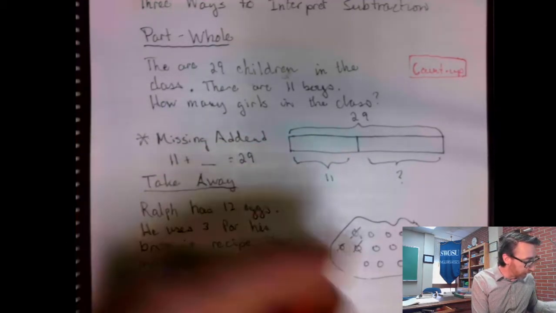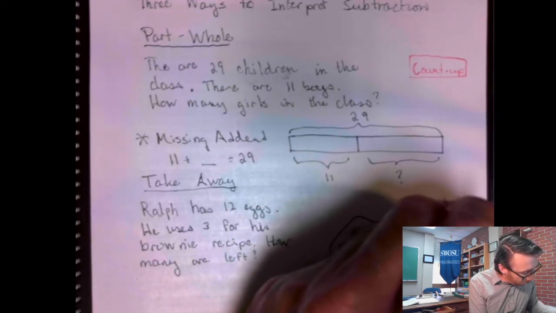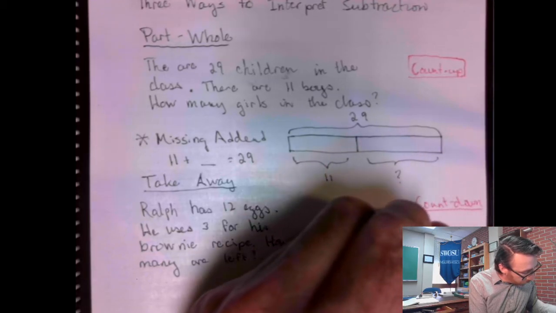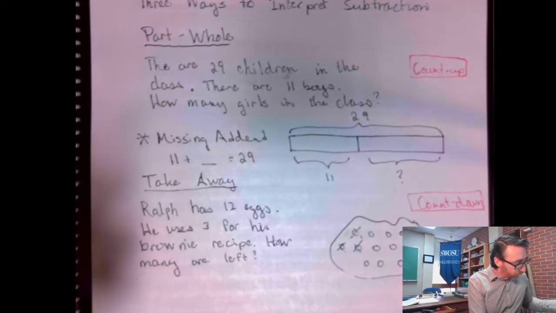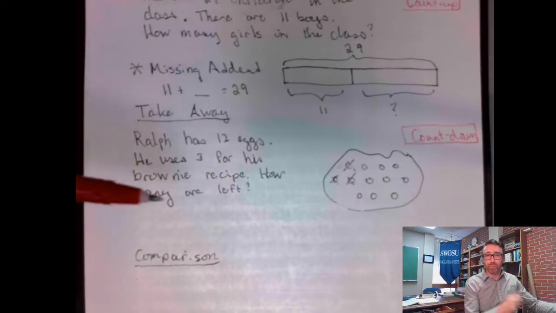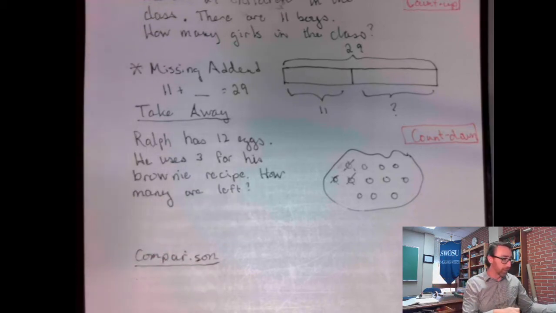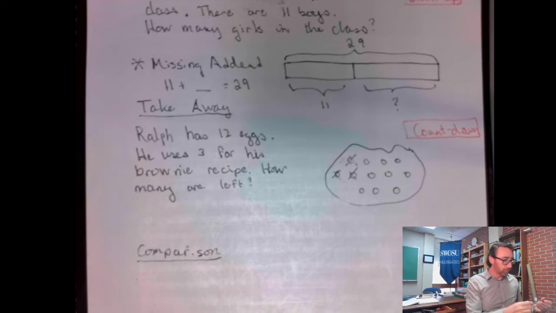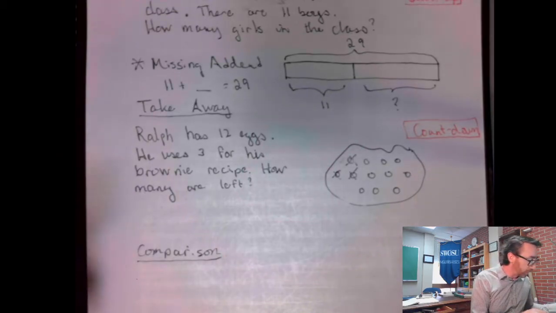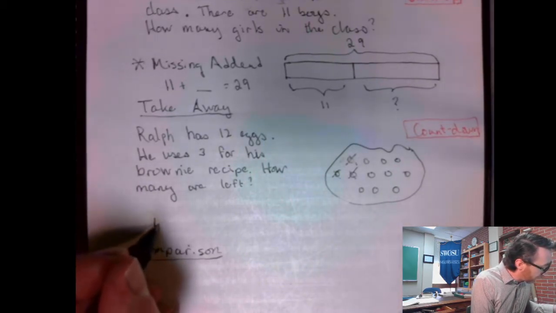This takeaway model lends itself to a count down strategy. We start with 12 and then we count down 3: 12, 11, 10, 9. Of course you can also use the measurement model to help you with your takeaway interpretation.